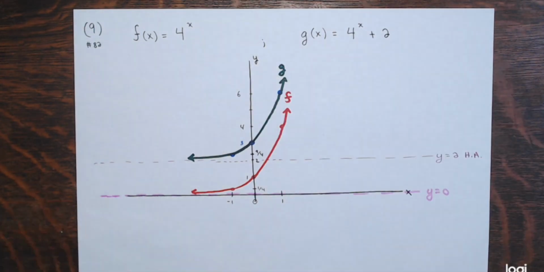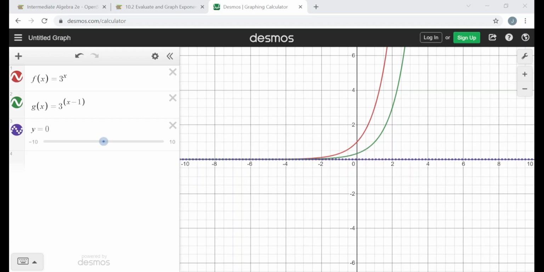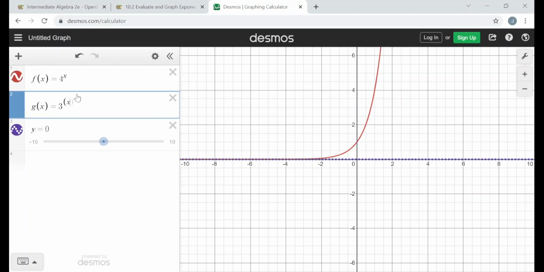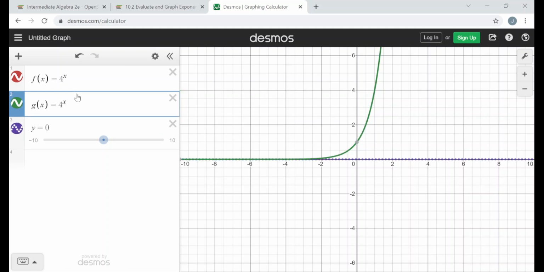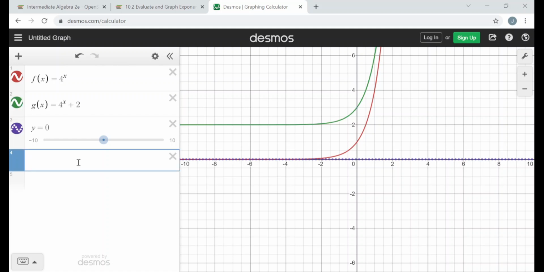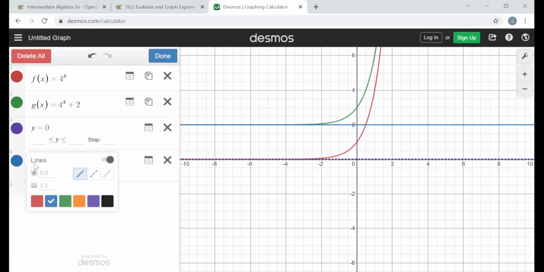All right, there's g. Let me show you this on the Desmos site. So we had f of x equal to 4 to the x, and g of x was 4 to the x, and then after that plus 2. Then I'll put in y equals 2 as a dotted line, and you're going to see that as an asymptote for that function.